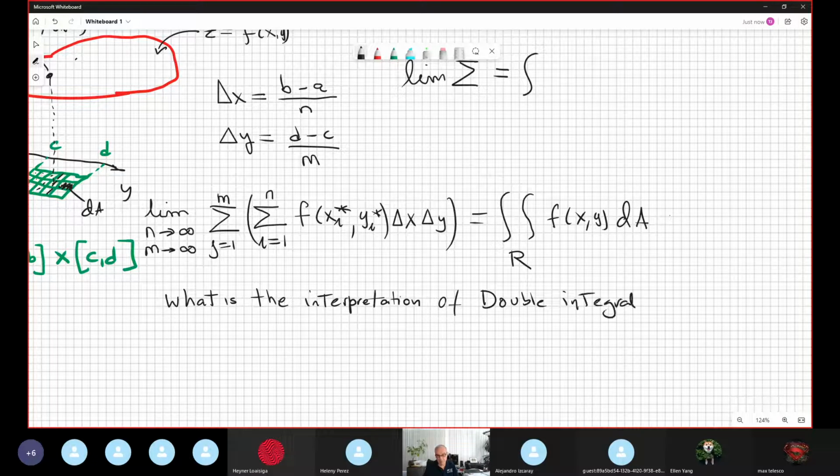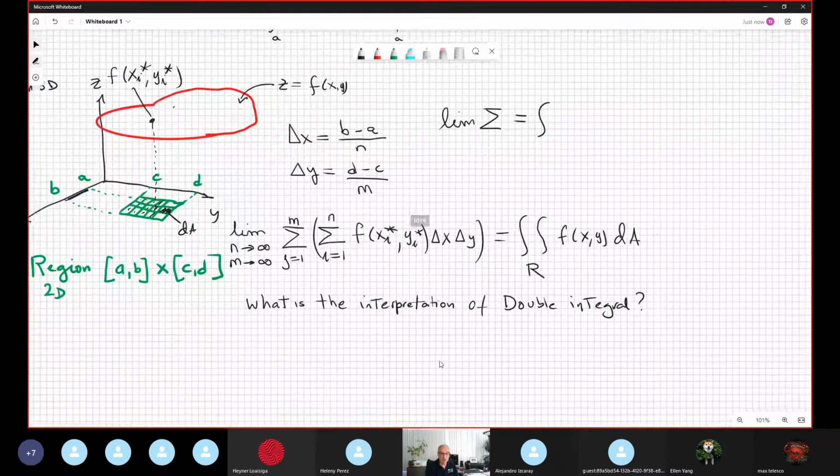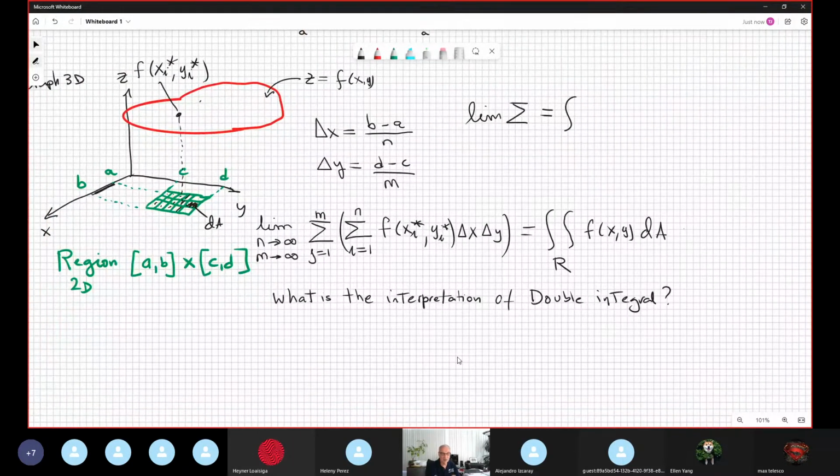Well, maybe you say, well, professor, it is the Riemann sum. Okay, and the answer is perfect. But in this specific example I tried to explain, do you have some idea what answer the double integral can give me? It can give me, for example, 200. What is that? No idea.